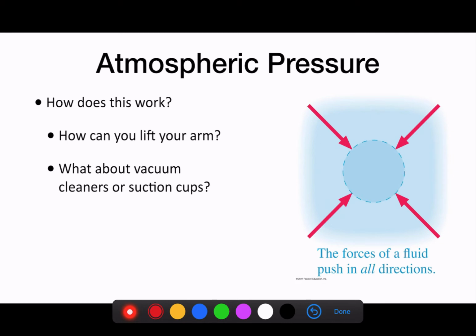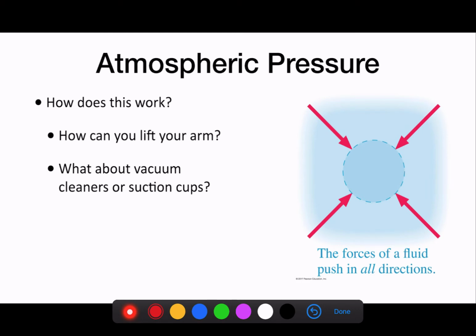Now, how exactly does atmospheric pressure work? If we imagine some small object, that object is under atmospheric pressure, which means it's experiencing forces from all around itself. Fluids exert forces in all directions.